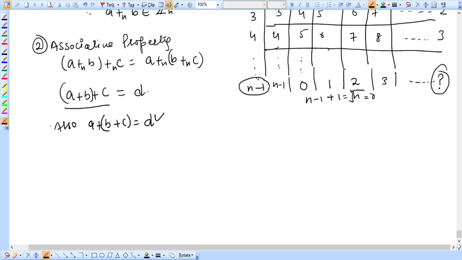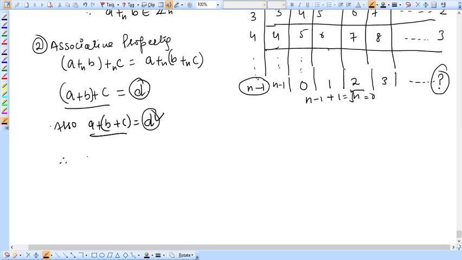Since these two entries are equal to the same number, when they are divided by n, they will definitely leave the same remainder.